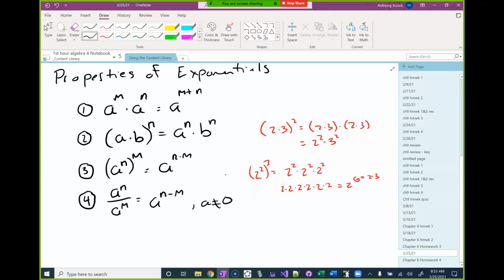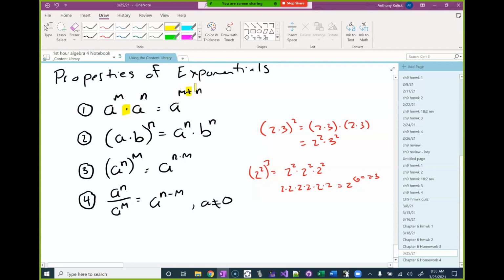Because we saw with multiplication, we add the exponents. With division, we're going to be subtracting the exponents, and that hopefully feels like a natural connection between those two things, right?